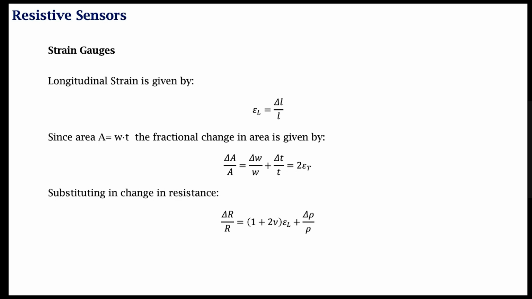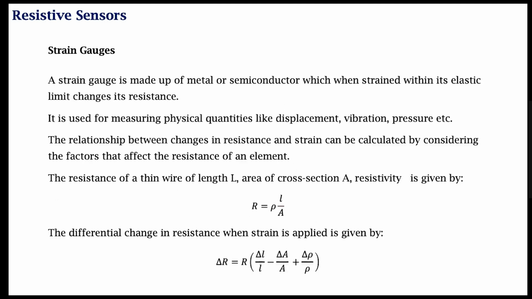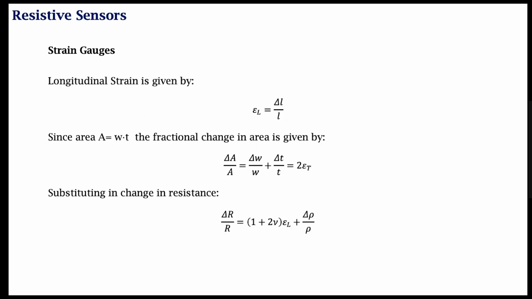Now, we saw what this is. In the previous slide, we saw that the change in the resistance is R times delta L by L minus delta A by A plus delta rho by rho. Now substitute for this.